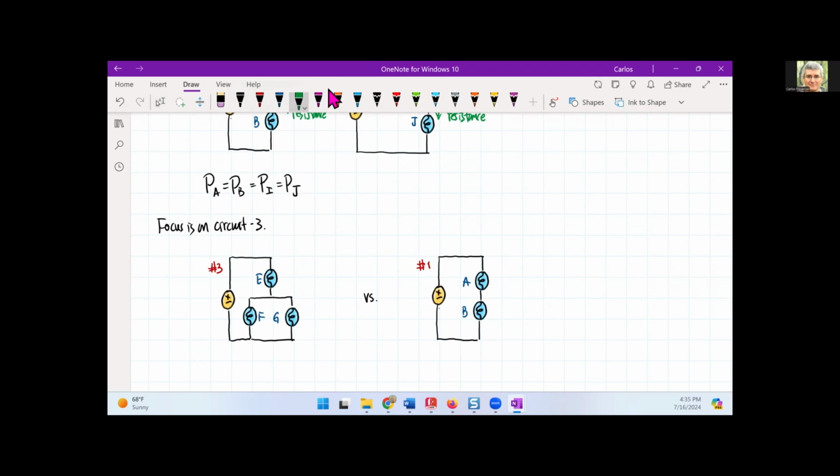Right in here, note that I have that this parallel resistance is lower than a single bulb. Let me move this over a little bit.